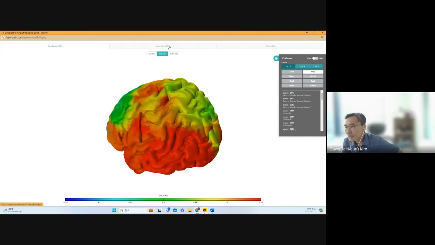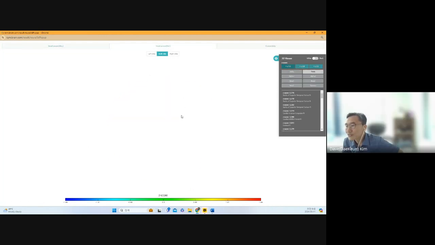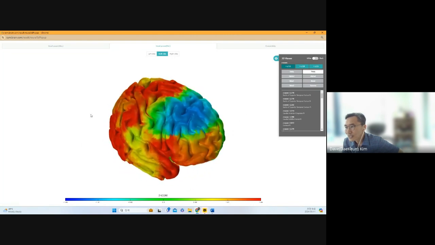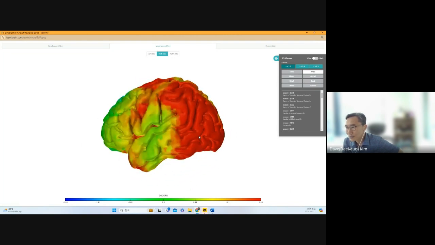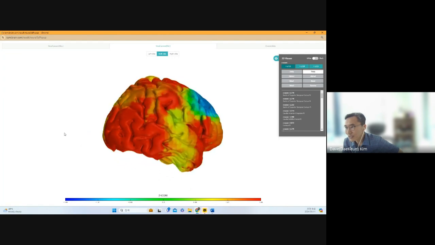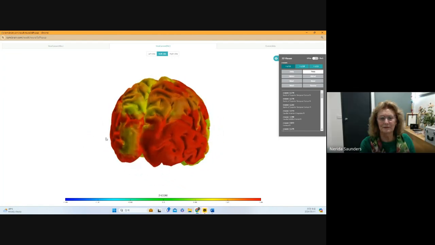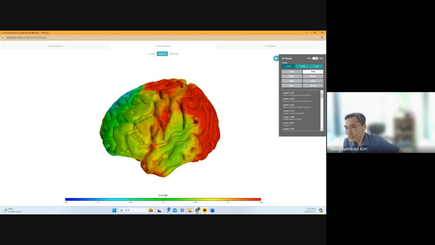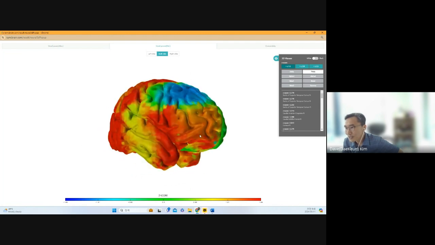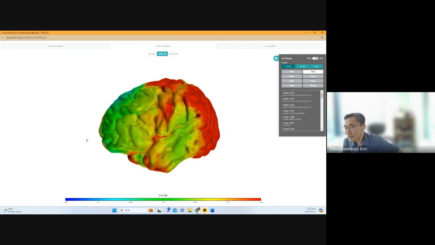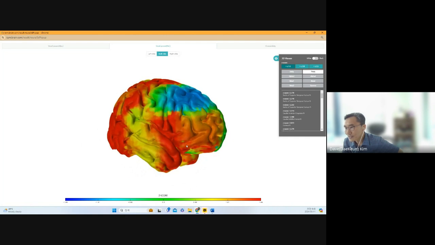In the relative power, you can also see this is left and right. In the relative, they are very similar.